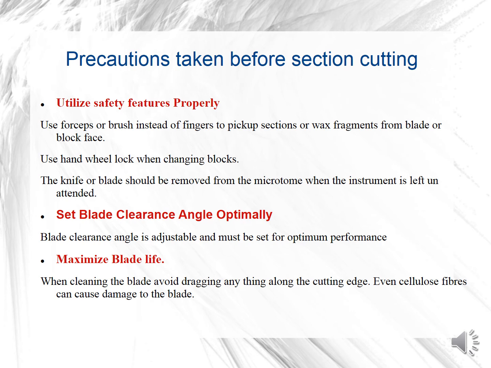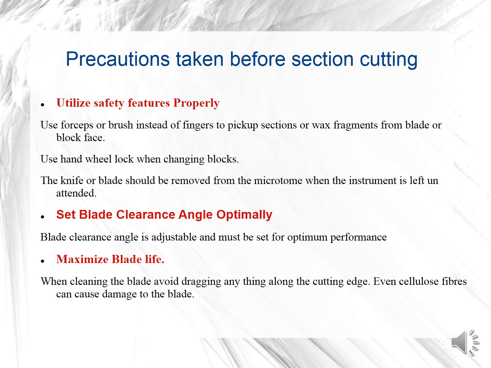Utilize safety features properly. Use forceps or a brush instead of fingers to pick up the sections, or wax fragments from the blade or block face. Use the handle wheel lock, which I have discussed earlier, when changing the block. Otherwise it will release easily and the block will suddenly cut out.